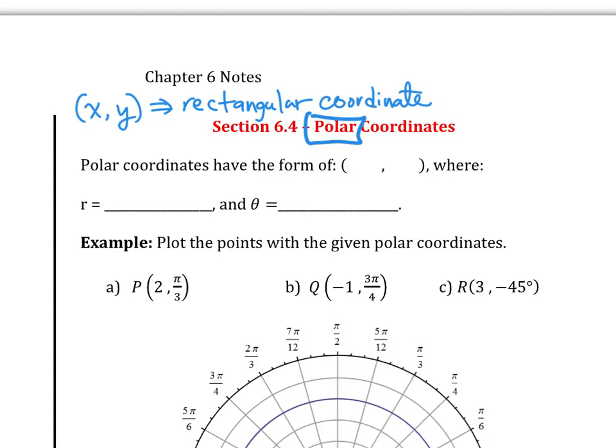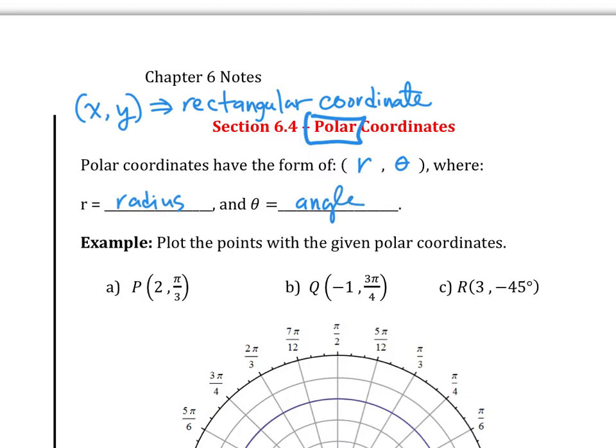You go in the x direction, so that marks the horizontal, and then you go in the y direction, which marks the vertical. So that's kind of like a rectangle. That's called a rectangular coordinate, or Cartesian coordinate, because that's the person who created the coordinate system. Polar coordinate does not have xy. It has r theta. So r means the radius, and theta means the angle.